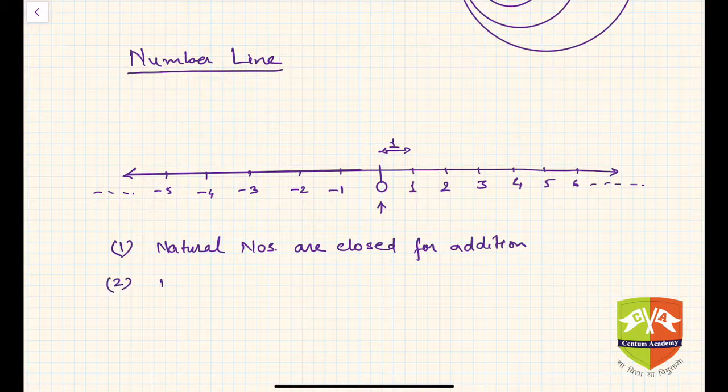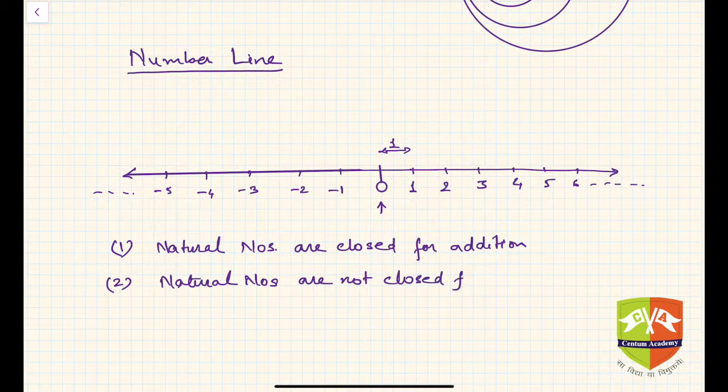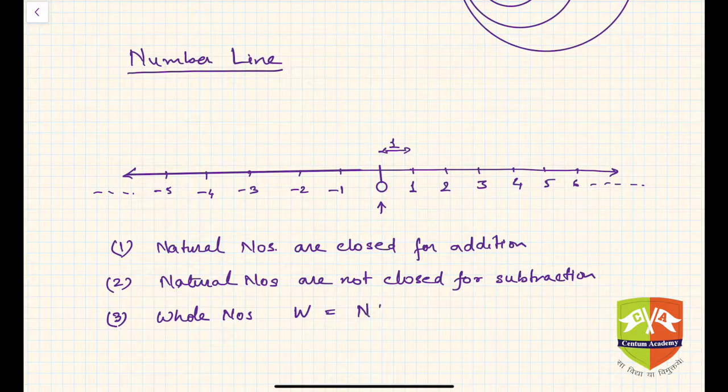We also learned that natural numbers are not closed for subtraction. Third, we learned that whole numbers, W, is equal to N plus the element 0, right?